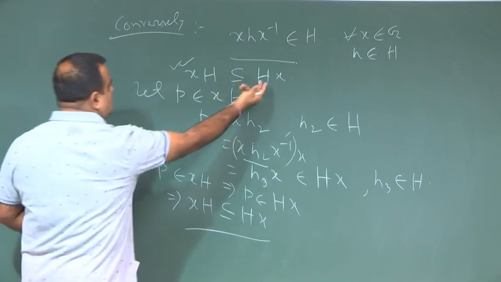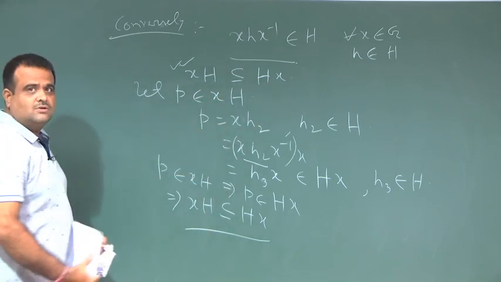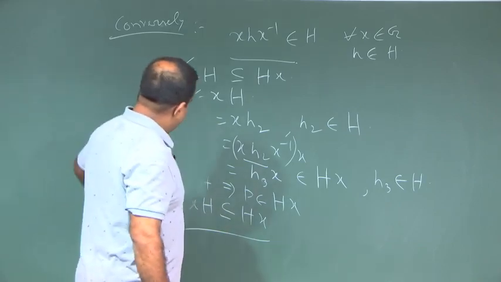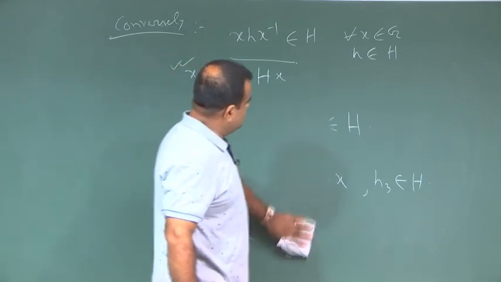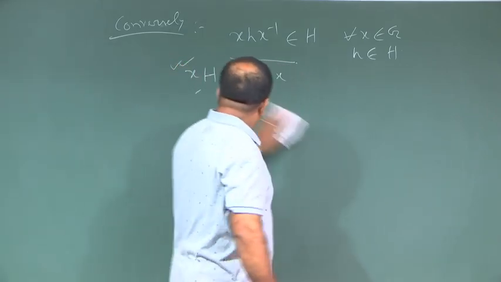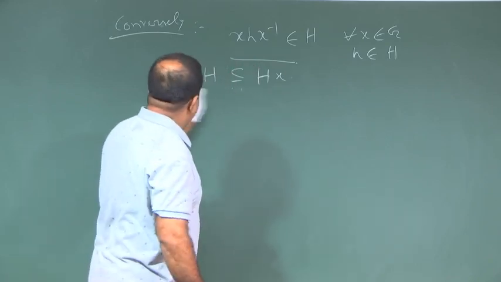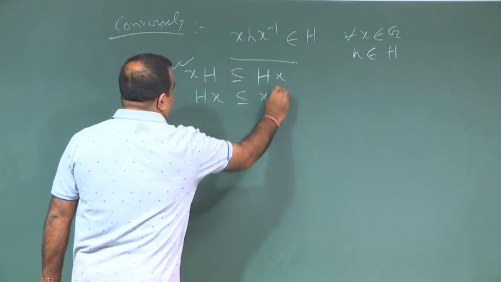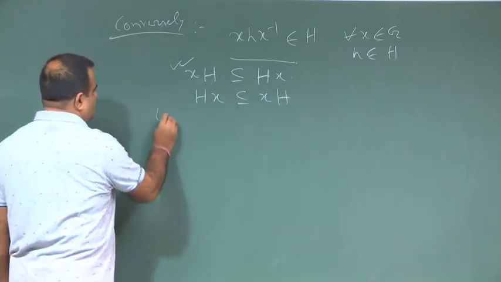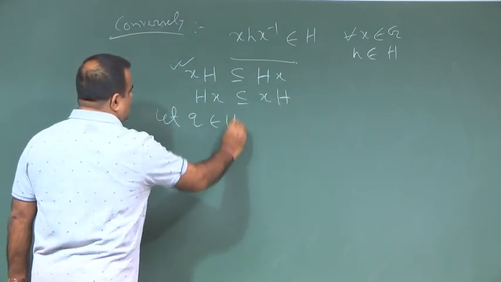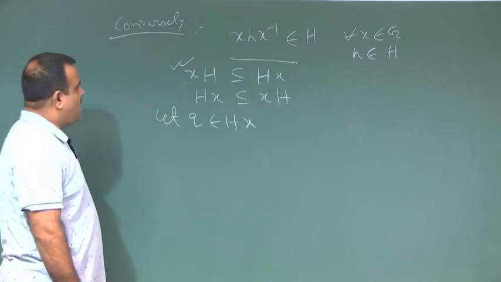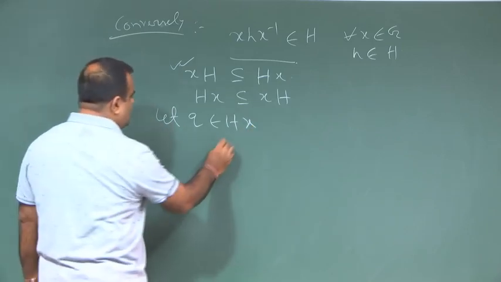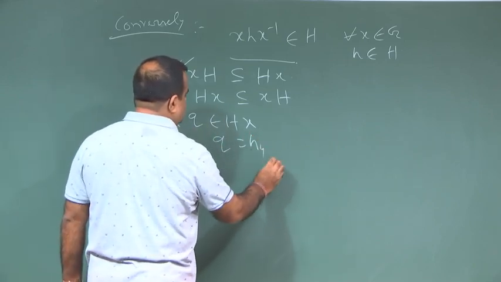Now, we have to show Hx is a subset of xH. Okay. So in a similar way we can proceed. So we take a q, an element from here. So that means q is equal to some h4 x.